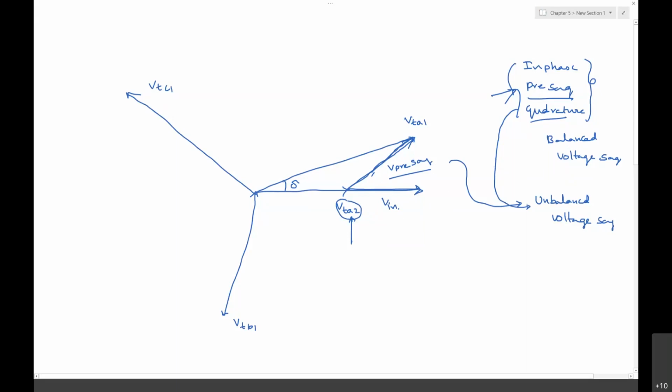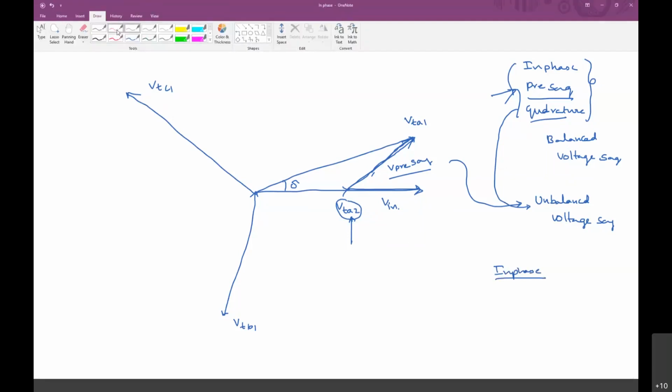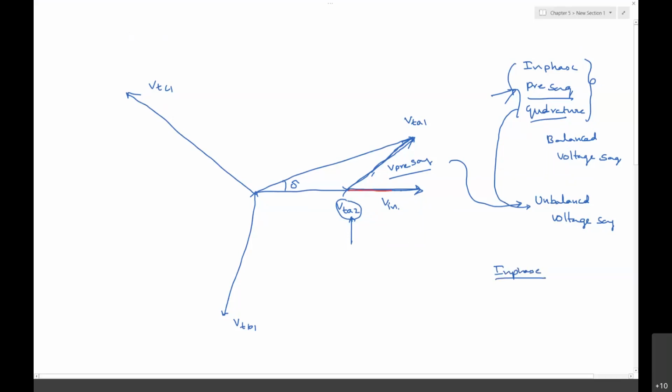If you try to operate the in-phase injection, the load voltage is VLA or VLA2.